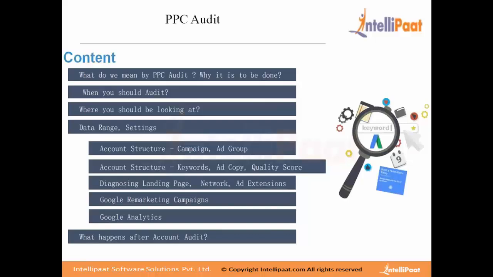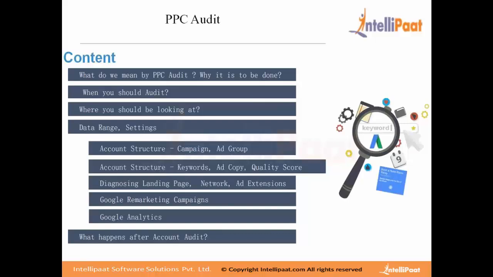If there is a specific account structure which is to be followed within Google AdWords, looking into that from the campaigns and the ad groups perspective, what all campaigns have been created and what is the relevancy and the flow and the overall themes behind the campaigns and the ad groups that needs to be looked at, followed by the keywords and the ad copies.